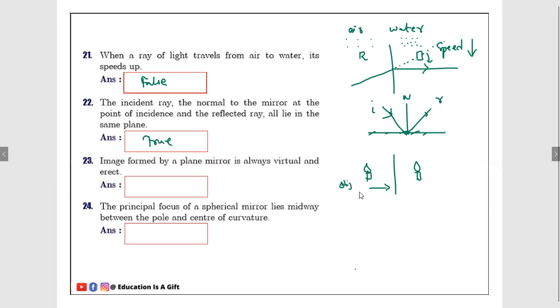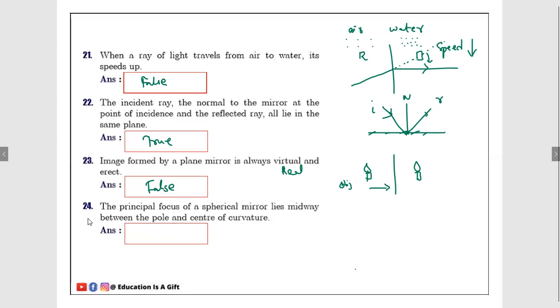If you are moving towards the mirror, at some point you can get real images, and inverted images too. Of course, this concept is not in your CBSE NCERT textbook. The answer is false. We can get real and inverted images also.